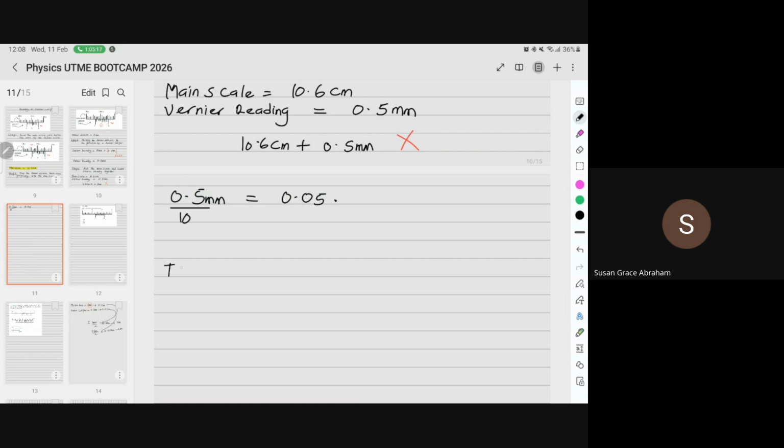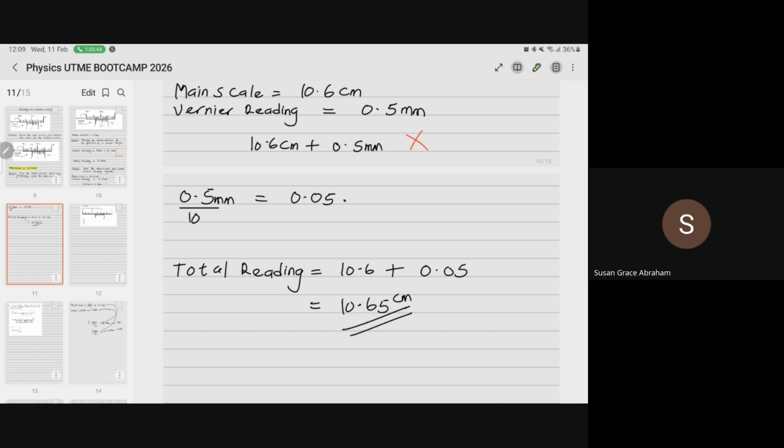So the total reading is now equal to 10.6 plus 0.05. When you add them together, it should give us 10.65. Is that okay? So that will give us 10.65 centimeter. That's the reading on that vernier scale.